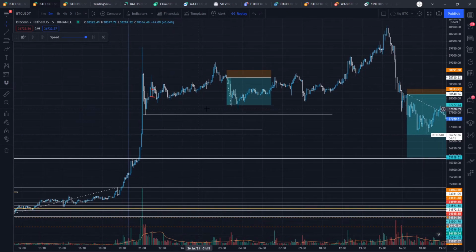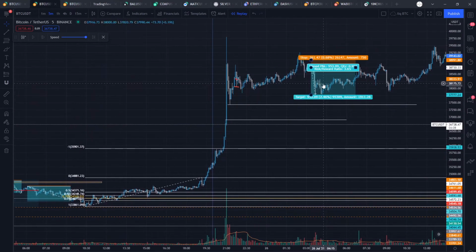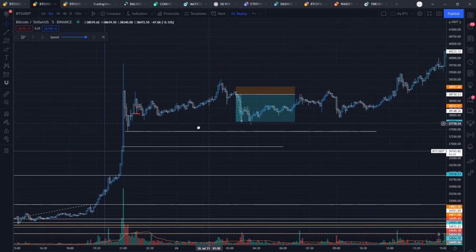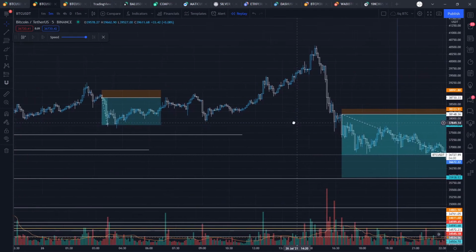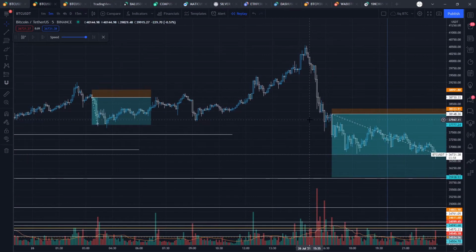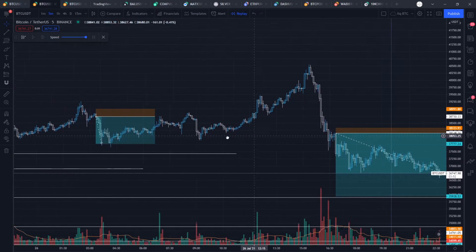Just like when we had a bullish bias and we were making higher highs, it was unlikely that we were going to fill these imbalances out until we broke structure, which is why I didn't get involved on, let's say, a short here, right? Because we did not break structure yet.